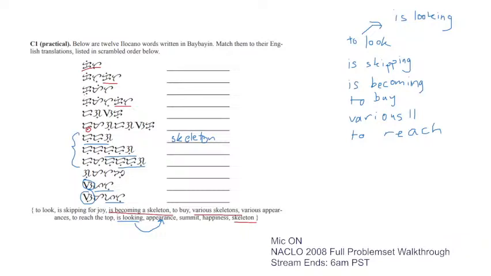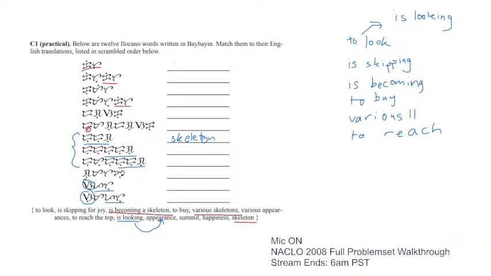And then this could be to look. I kind of want to assume that. But we'll wait. We can maybe write it in a different color to show that we're not sure entirely about it, and then we can find some kind of evidence to back it up.